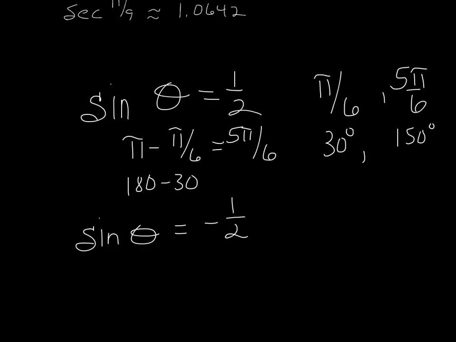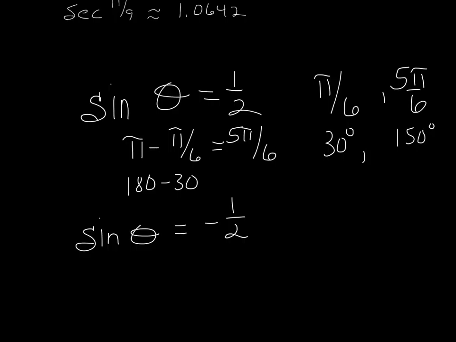So what's our reference angle? Michael, what's the reference angle here? What was it on the first one? 30 degrees. So what is it on the second one? 30 degrees. The only difference is there the sine was positive, here it's negative. And that just tells us we're either in quadrant 3 or quadrant 4.